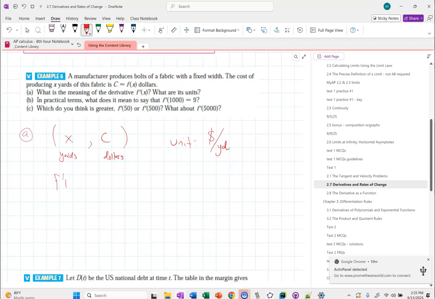So f prime of x then is the instantaneous rate of change in cost of a bolt of fabric per 1 yard of fabric.